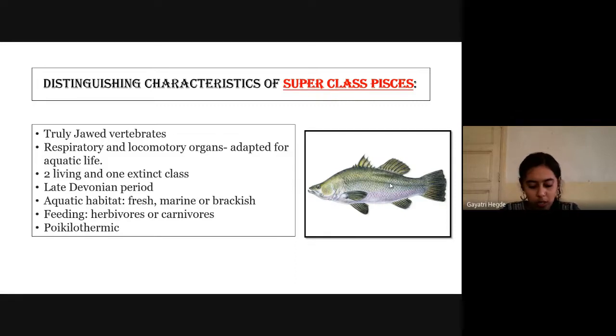Yes, students. Can you name the unpaired fin and paired fins? What does paired mean? Those that come in pairs. So this pelvic fin, pectoral fin, which is present over here, these are paired fins.